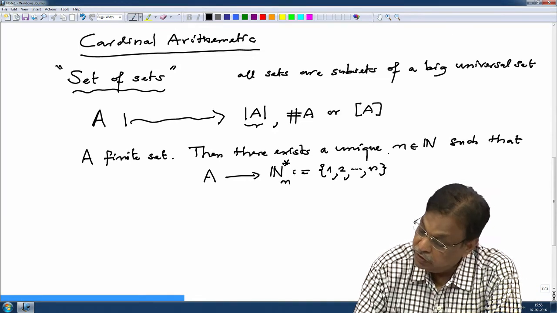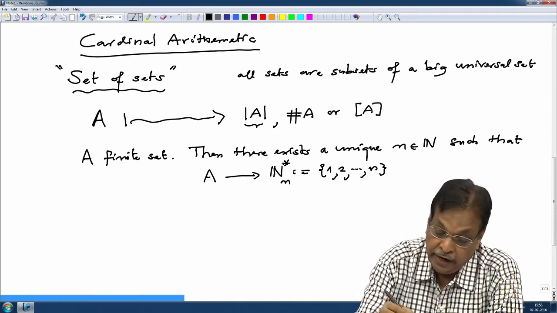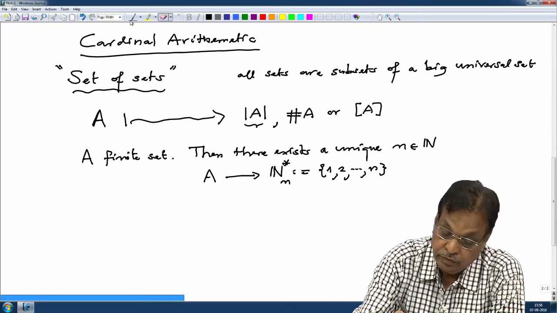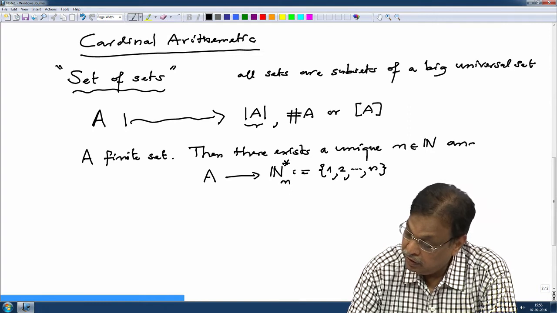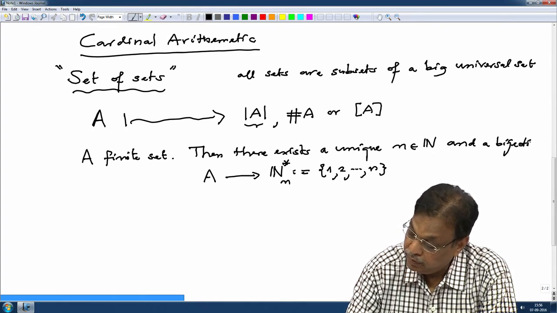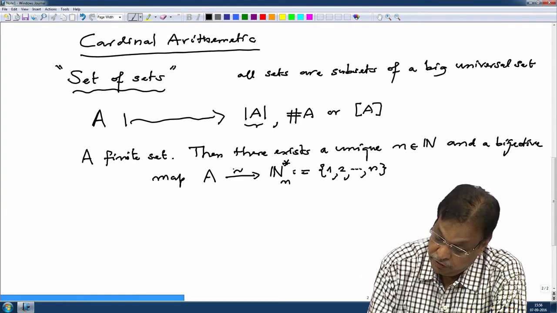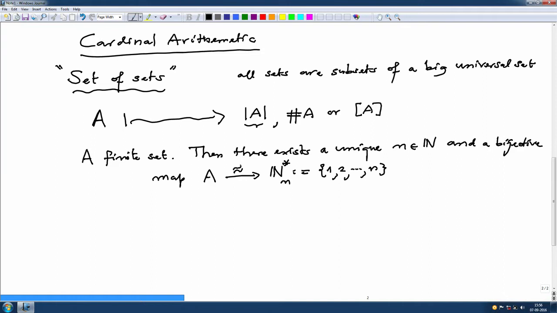Then there exists a unique n and a bijection, a bijective map, that I will denote sometimes like this.